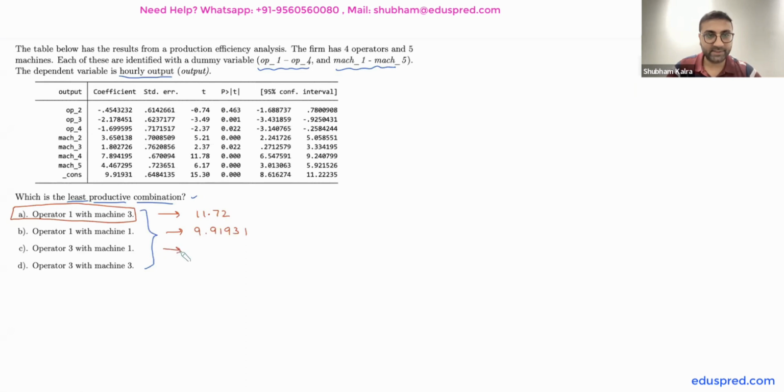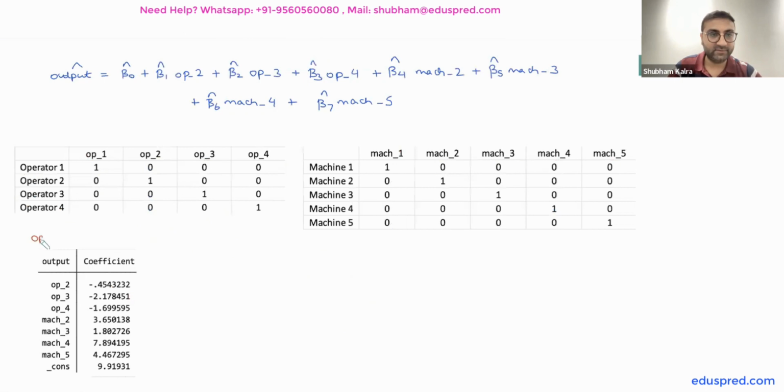So let's write over here that this is 7.740, and now we have to check for the last combination, which is operator 3 with machine 3. Once again, ignore these two dummy variables.